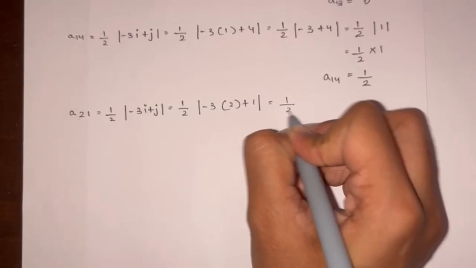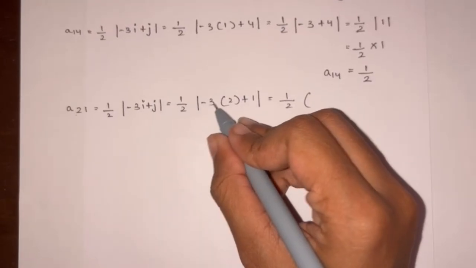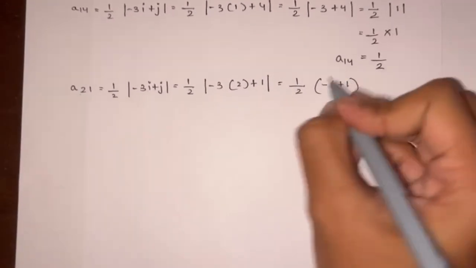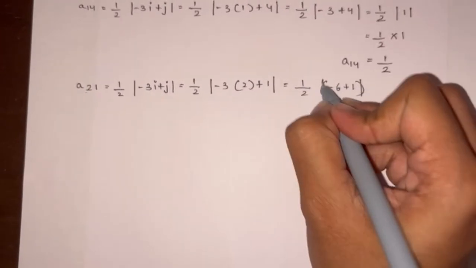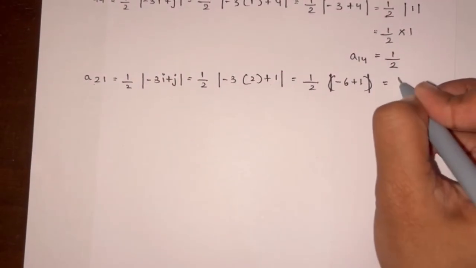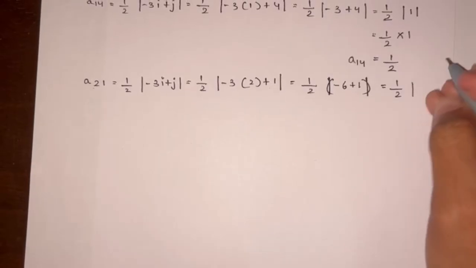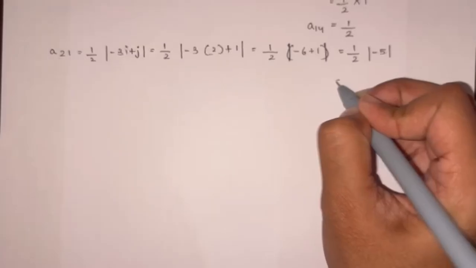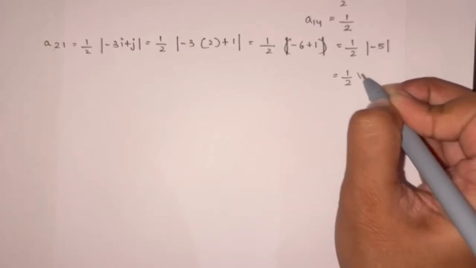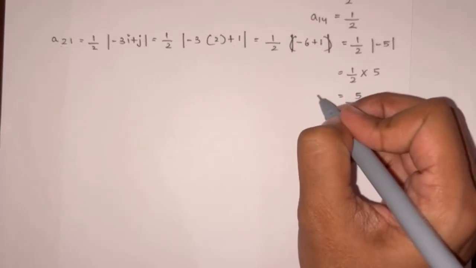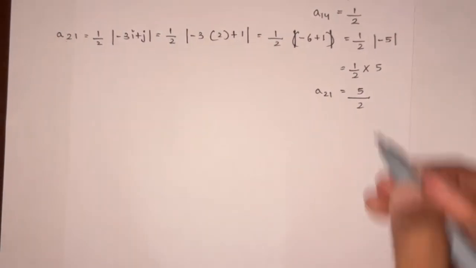We get 1 by 2 mod of minus 3 into 2 is minus 6 plus 1. Sorry, you have to write down mod. Minus 6 plus 1, then we get 1 by 2 mod of minus 5. Removing the mod, 1 by 2 into 5, that is nothing but 5 by 2. So A21 is 5 by 2.